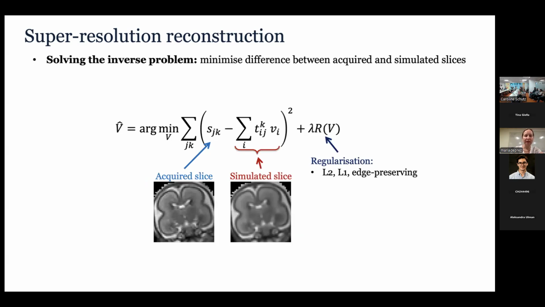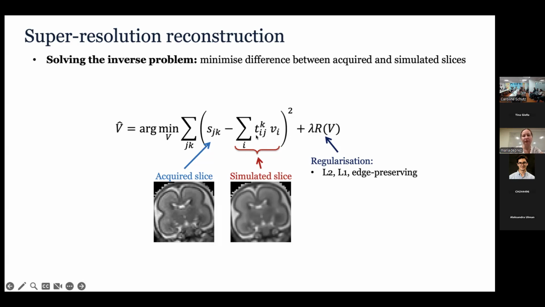But first, I thought I'd do a little bit of maths so that everybody understands that this is not magic. It's actually quite simple. Here S_jk is the voxels of the acquired slice. My notation that I always keep is k is the slice and j is the voxel index. Here I have the simulated slice.